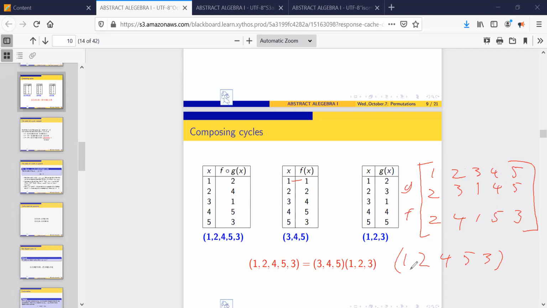So that would mean 1, 5, 3, 2, 4. No, because what we ultimately care about is, if we want to think of G composed of F, we can basically get rid of this line right here, and we're constructing it off of this permutation that's left between the first and the third rows.